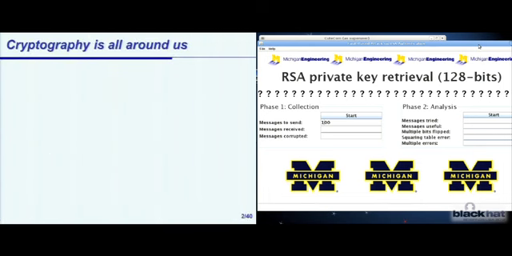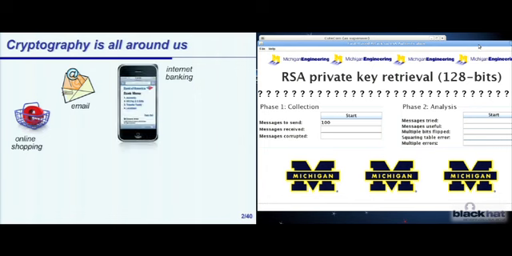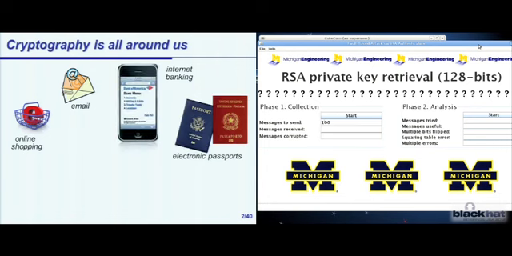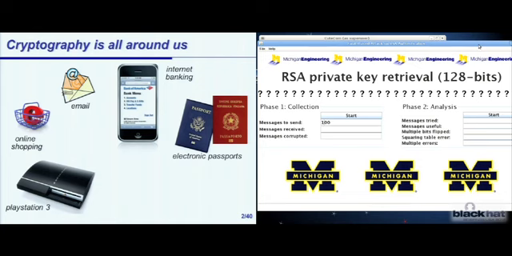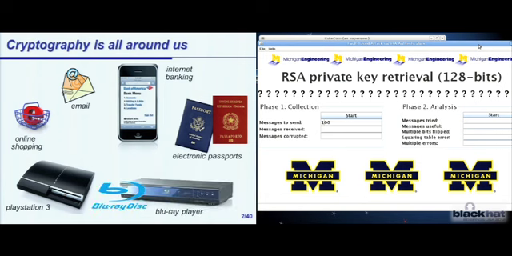As everybody who attends this conference is very well aware, cryptography is all around us. Every time you go online shopping, send an email, do your internet banking, even use a password nowadays, there is some security mechanism. It's also on a lot of consumer devices, particularly game consoles, Blu-ray disc players and, in general, media players.